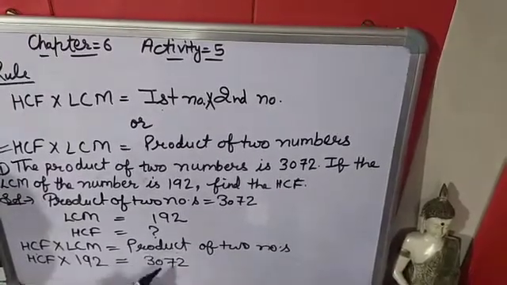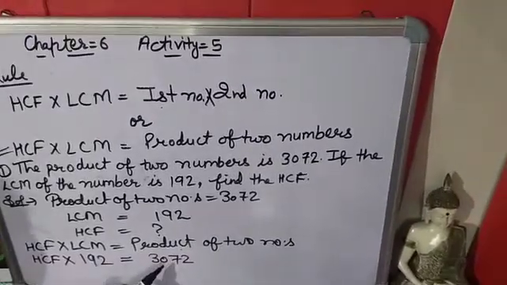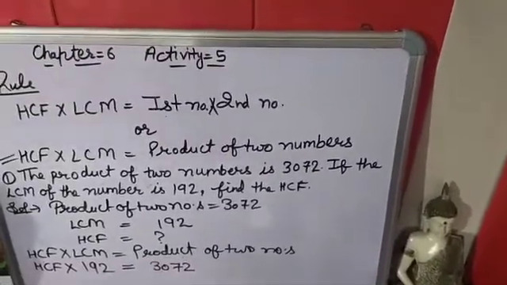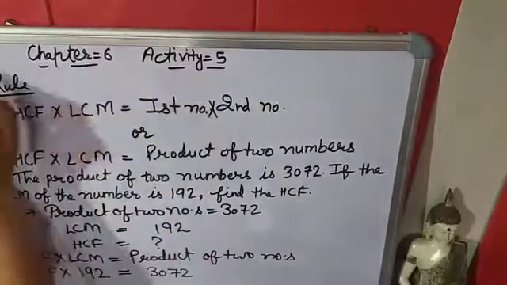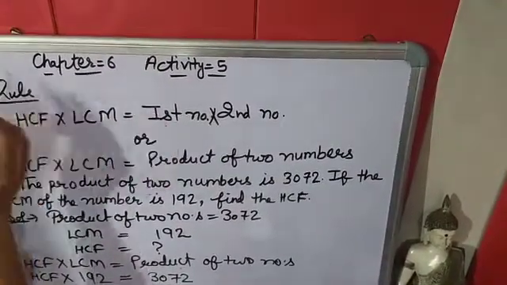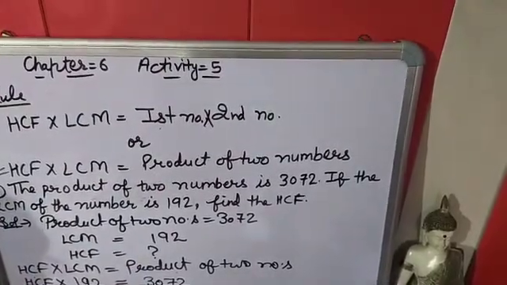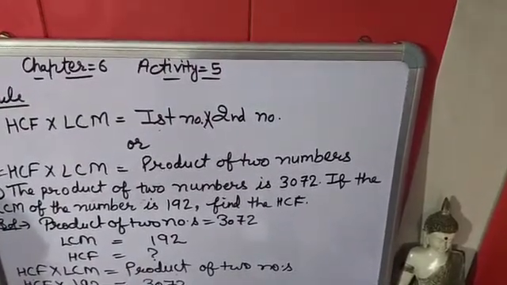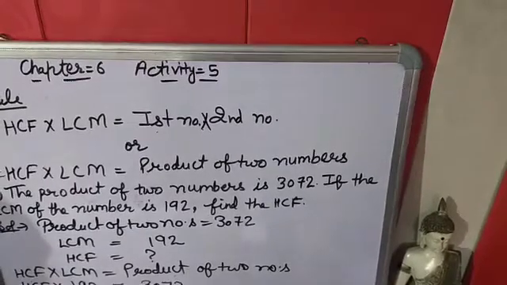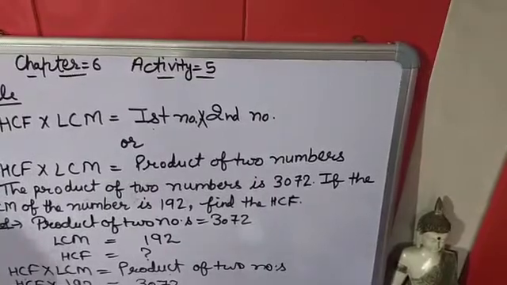So 192 will go there. When 192 will go there, it will become division. Remember one thing, when multiply goes to the other side of equal, then it will become divide. So 192 here is multiply, when it will go there, it will be divide. So 192 we will write like this.